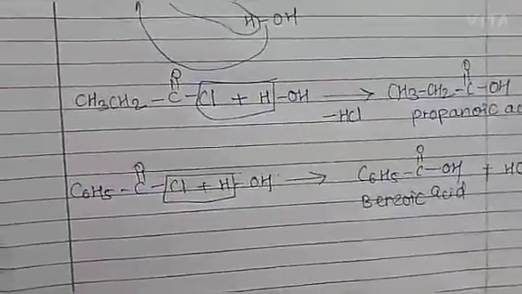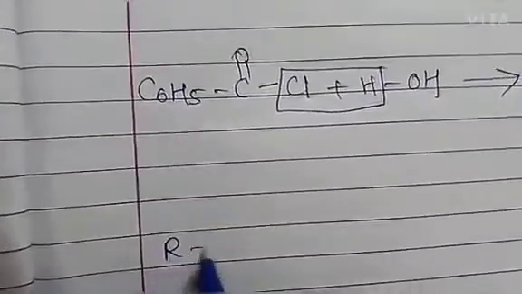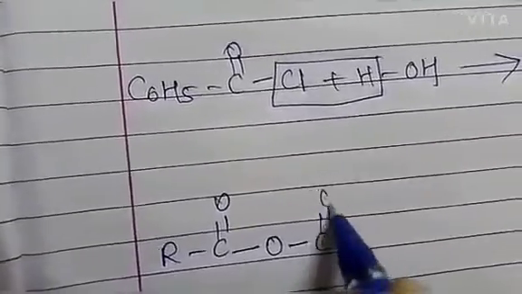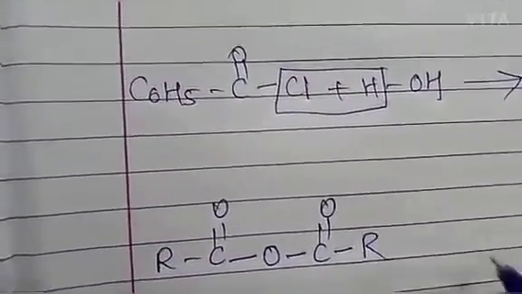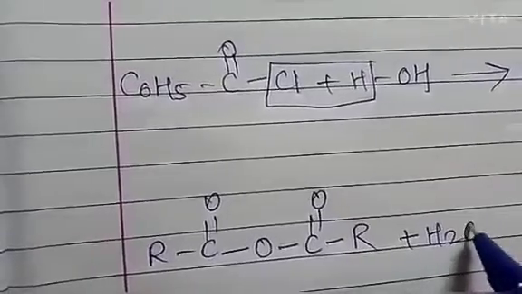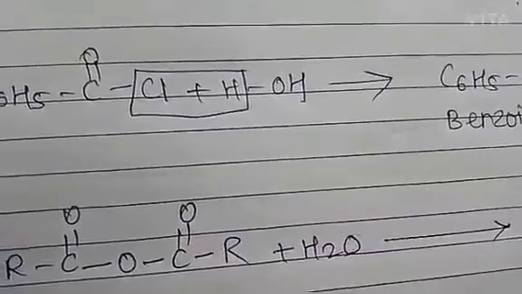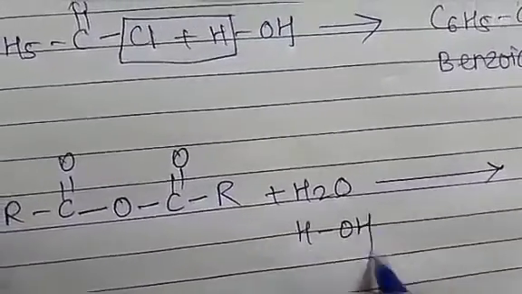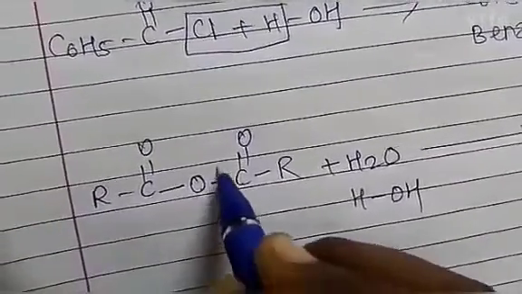Now let us prepare the carboxylic acid by using the anhydride. What is the formula of anhydride? R C double bond O O C double bond O R. This is acid anhydride. In general, it undergoes hydrolysis, then it forms 2 molecules of carboxylic acid. See here how: the bond between oxygen and carbon will break.